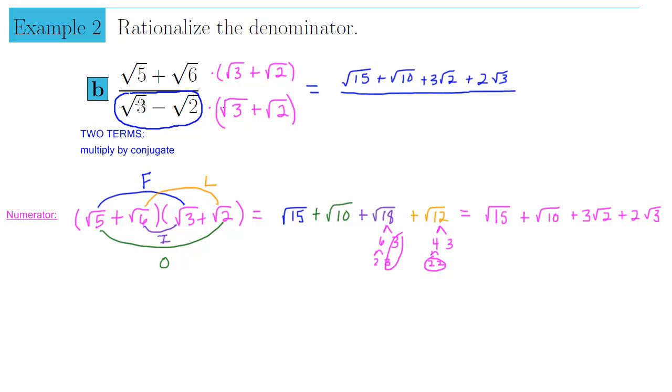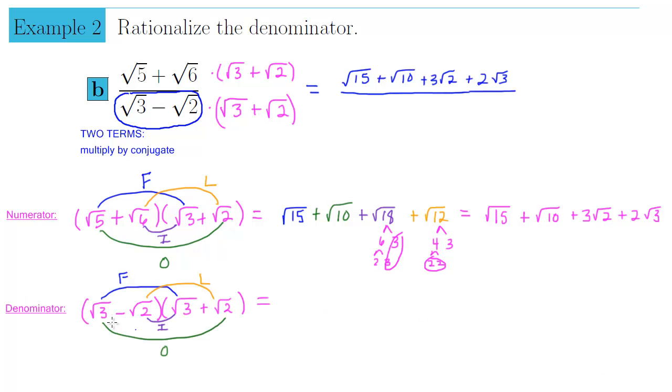Next, we have to calculate what happens in the denominator. So we're going to do a similar calculation underneath here. So I've written out the product that we have to calculate in the denominator. Again, it's a foiling problem. So to expand this out, we're first going to do root 3 times root 3, okay, which is going to give us the square root of 3 times 3.